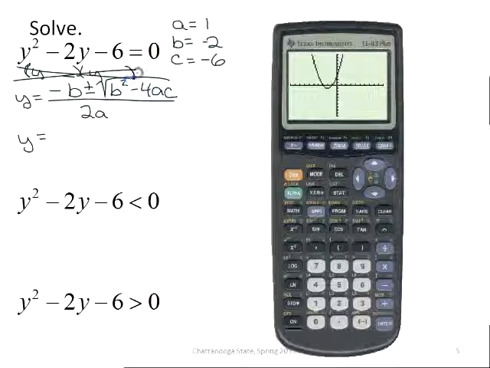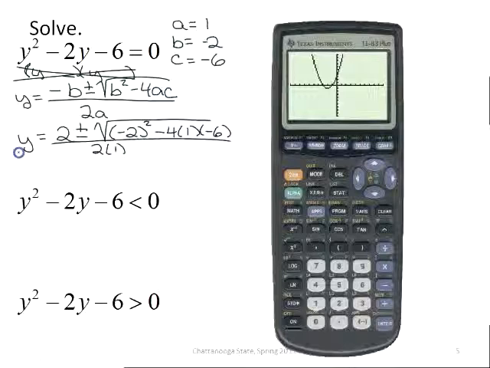So y is the opposite of -2, which is +2, plus or minus the square root of -2 squared minus 4 times 1 times -6, all over 2 times 1.